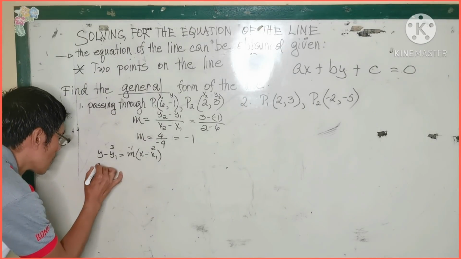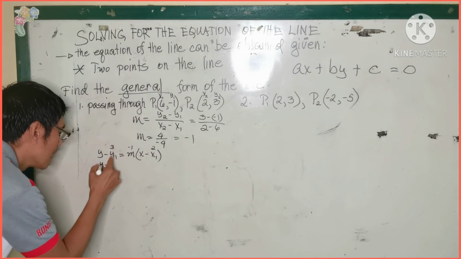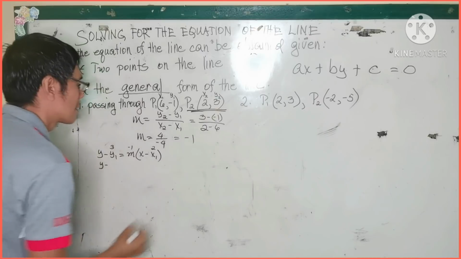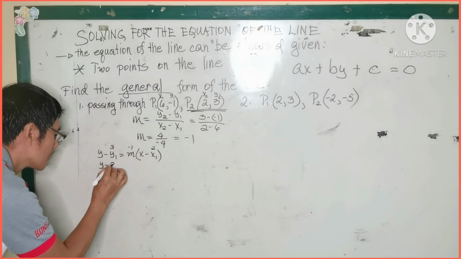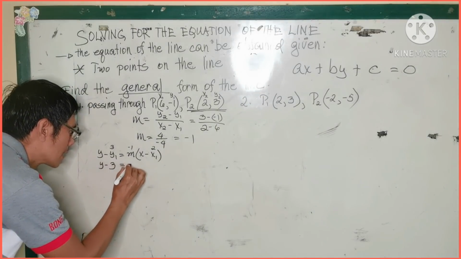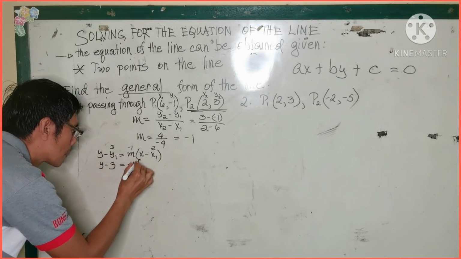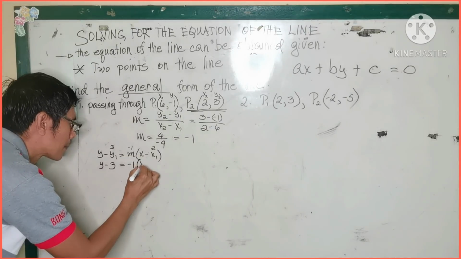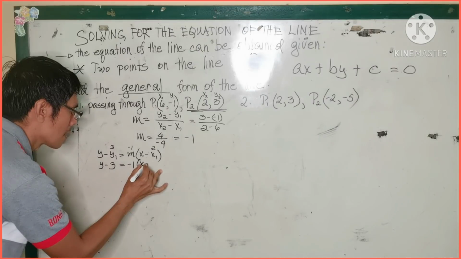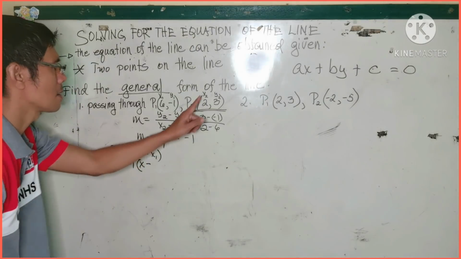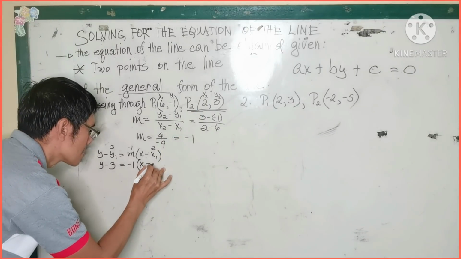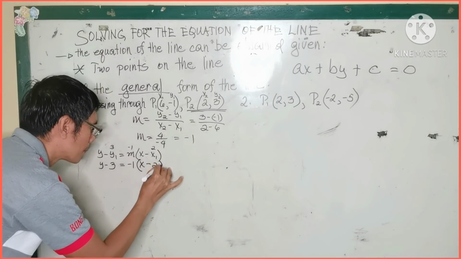Okay. So we have y minus our y sub 1, which is 3. So we have to consider that point. So we have y minus 3 equals our slope, negative 1, times the quantity x minus our x sub 1, which is 2.